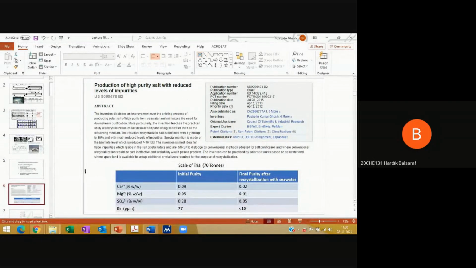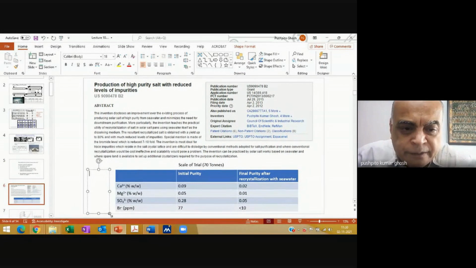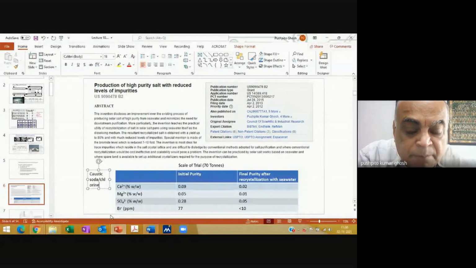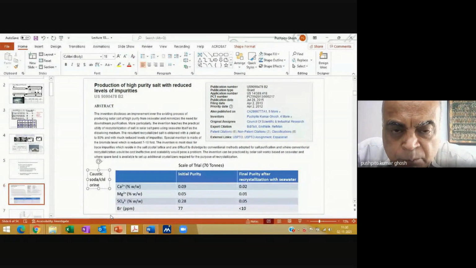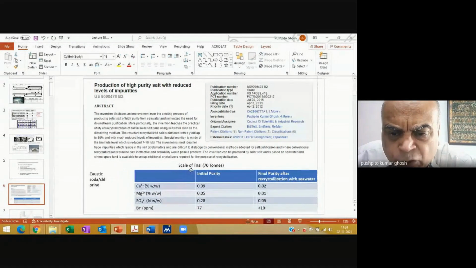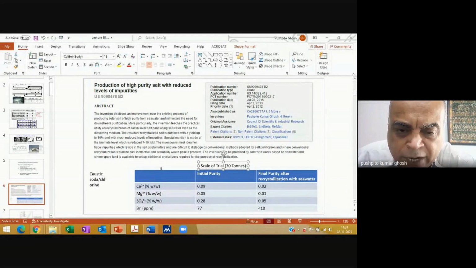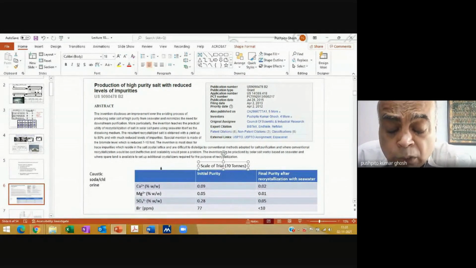Yes, when you produce caustic soda and chlorine, because the bromide is more easily oxidized than chloride, in my chlorine I will always get bromine, because I'm doing an electrolysis process. How am I getting chlorine? I'm getting it by oxidizing chloride to chlorine. I can take molten NaCl. There also it will be the same story.